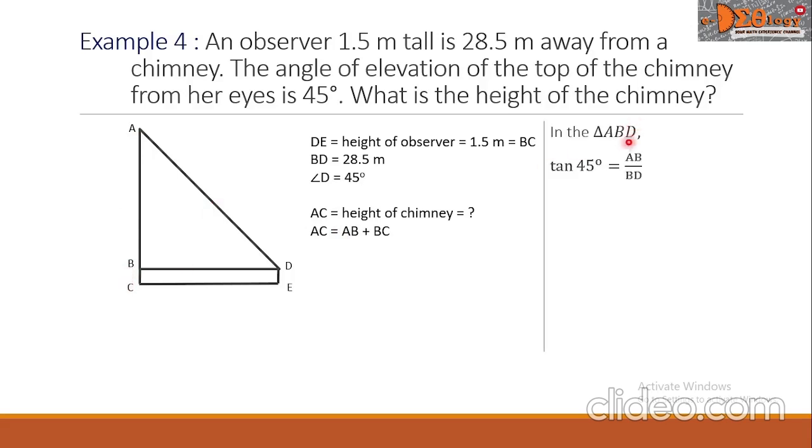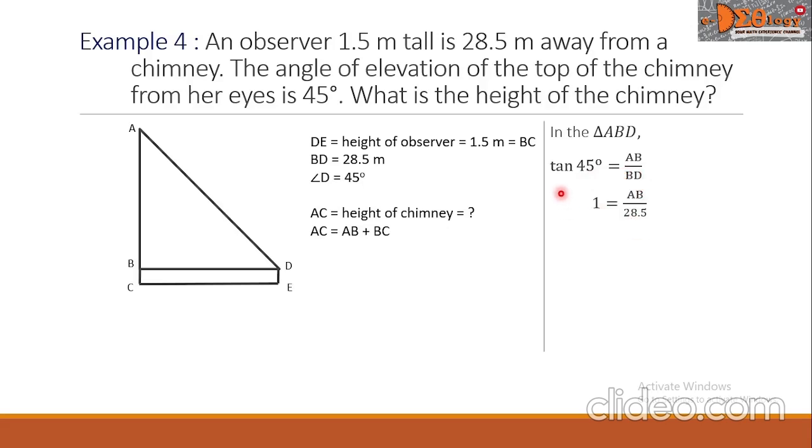Now, in the triangle ABD, we have this tangent 45 degrees equals AB over BD. That is opposite over adjacent. When we simplify this equation, this tangent 45 degrees is 1 equals the BD is 28.5.